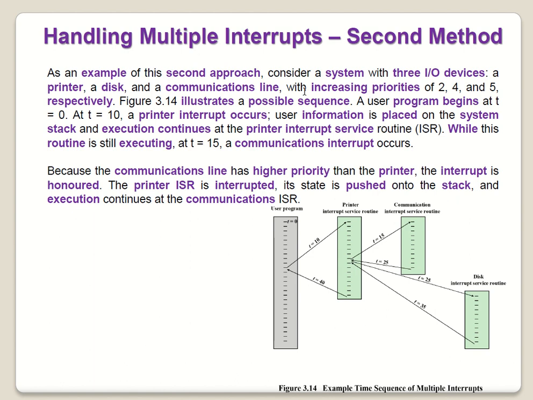Let's look into the diagram here. The CPU is executing the user program. At time 0, it starts to execute the user program. At time 10, the CPU receives an interrupt request signal from the printer. The priority of the printer is 2.